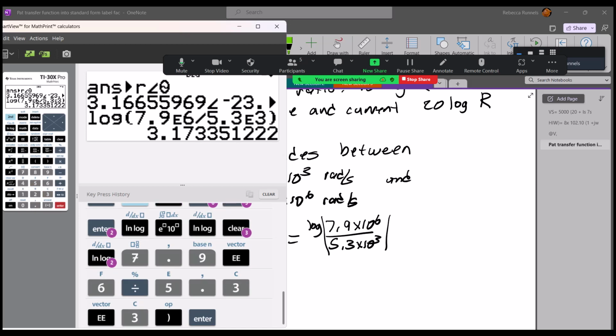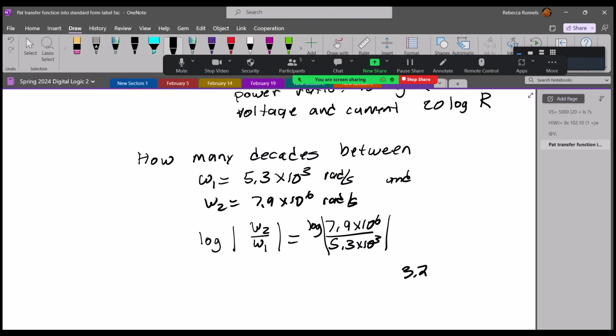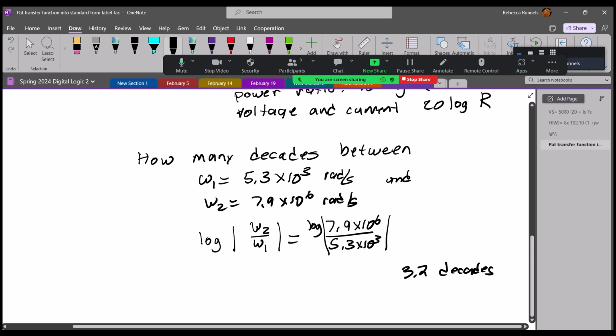And I get 3.2 decades, which matches about what I thought it would be.